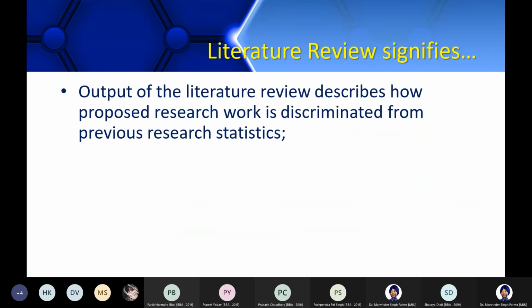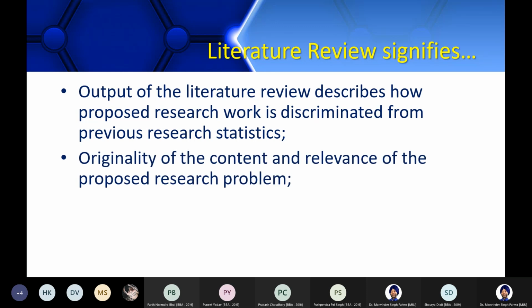Further, it also signifies that the output of the literature review describes how the proposed research work is different from the previous research. If we do not know what has been done previously, how will we understand the proposed outcome of the current study?